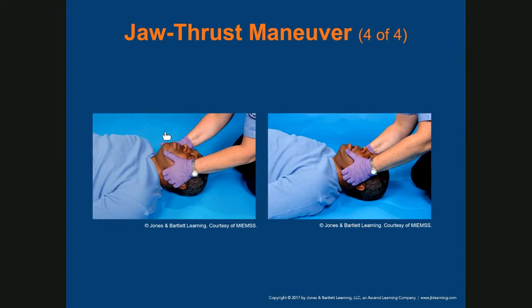So it's up and then forward with your thumb. You're using your middle finger and ring fingers to manipulate the mandible. Push it up and use the thumb to keep the chin out. So use the thumb to push the mandible out. Once it's up, push out. All right.